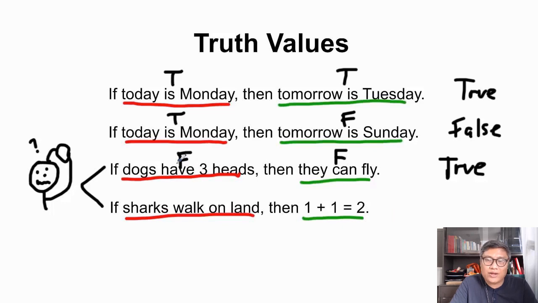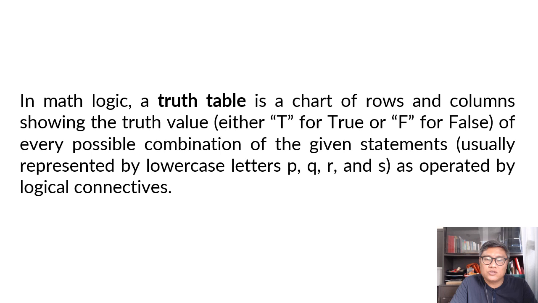So that depends now on the particular connectives. And this is where we are going now to use our truth table. So in math logic, a truth table is a chart of rows and columns that shows the truth value, whether it is a true or a false statement, or of course the possible combinations of more than three, and that will give us more combinations.